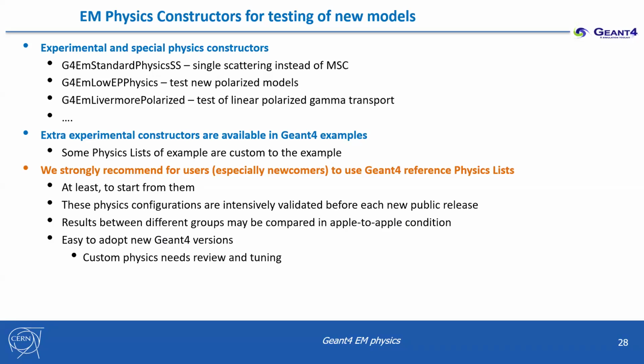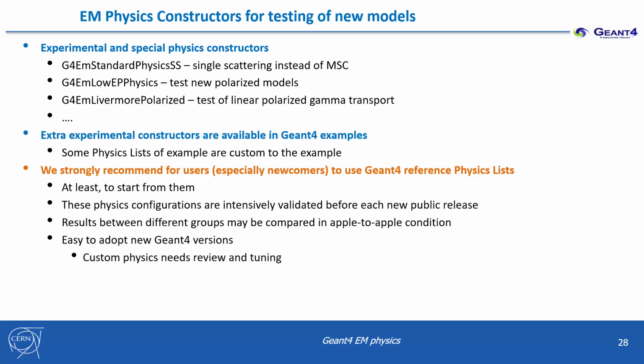There are extra physics constructors in the distribution. For example, SS, it is single scattering instead of multiple scattering. Elastic scattering is much more precise, but simulation is much slower because all particles do each elastic collision separately.